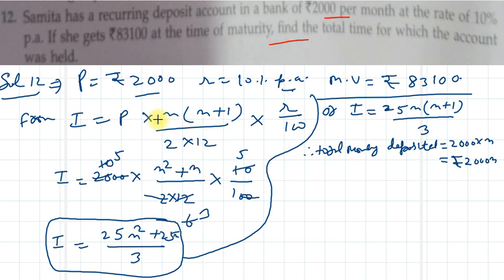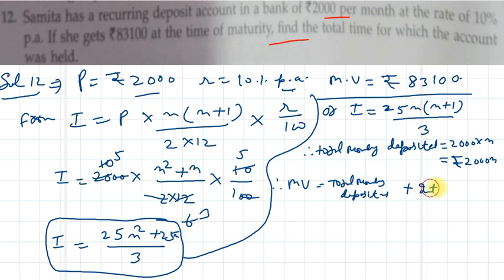So therefore matured value would be equal to total money deposited plus interest, right?